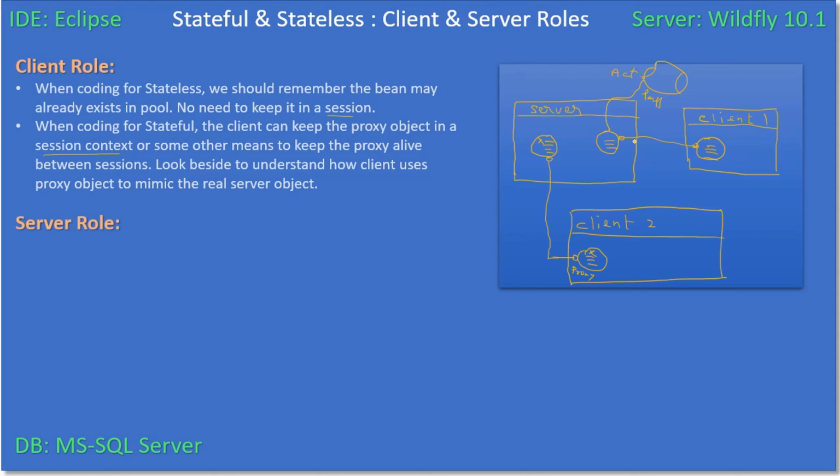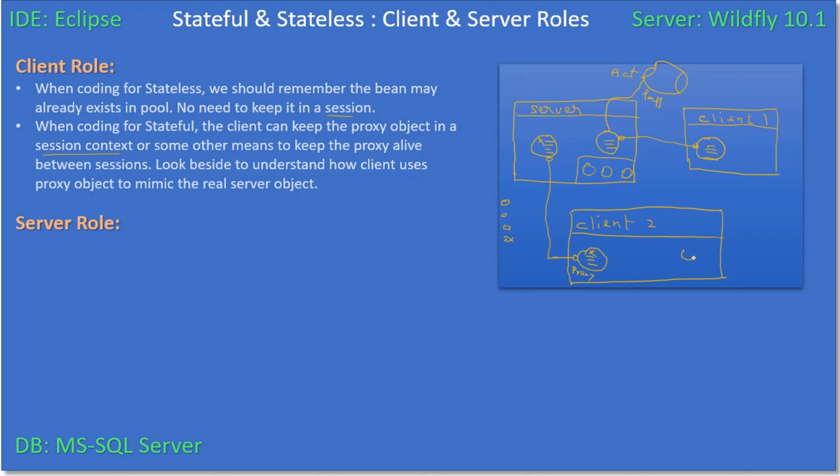So on the server side, this activation and passivation is for stateful session bean. For stateless session bean, activation and passivation won't come into the picture, but we will have the object pool. So even if the object lives in the object pool, still this proxy object holds. So let's say this is the object pool for stateful, and these two are stateful, and this object that is living in the object pool is stateless.